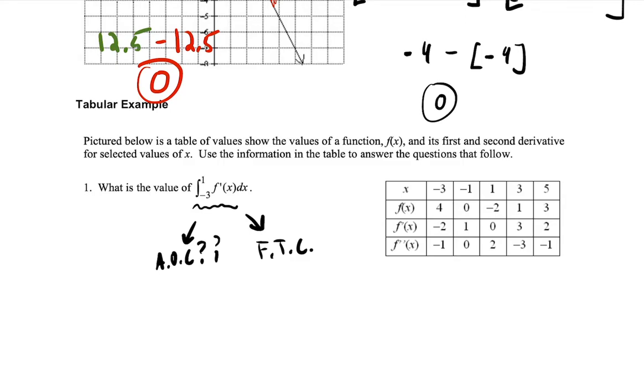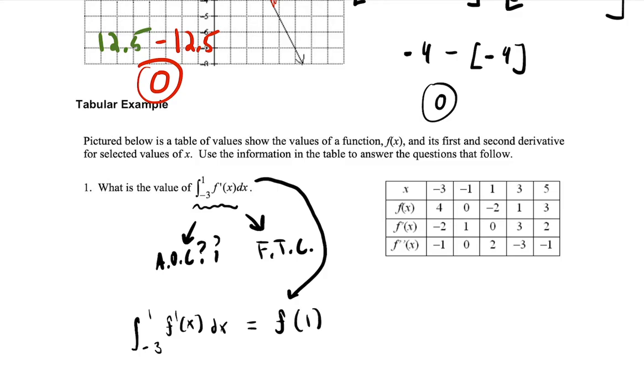Now, in this case, it's going to be the fundamental theorem of calculus because I can't see f prime. I've got a couple of points, but I can't actually calculate that area. And so what I need to realize is via the fundamental theorem of calculus, the definite integral from negative 3 to 1 of f prime of x, remember, the antiderivative of f prime is just f.